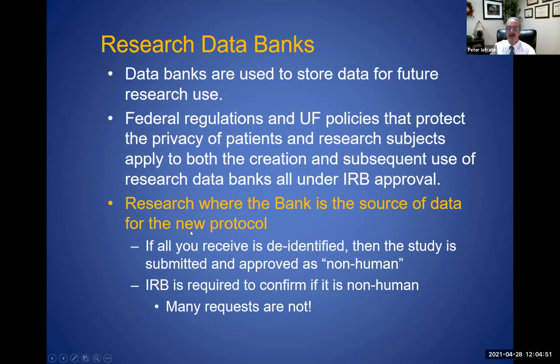Now, when you do research where the bank is the source of the data for the new protocol, if all you receive is de-identified data, then the study is submitted and approved as non-human. The UFIRB is required to confirm if it's non-human, because many of the ones that are submitted are not non-human. We may coach you on making it non-human, but a lot don't come into us as non-human, even though that's what was selected.